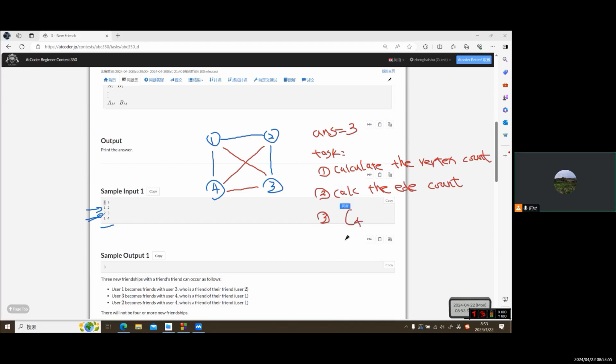So combination n and 2 minus the edge count. What is count? It is vcount multiply vcount minus 1 divided by 2. So this is the final answer.